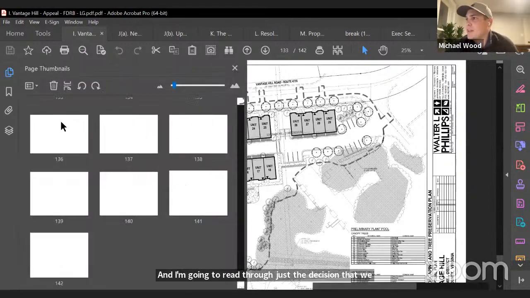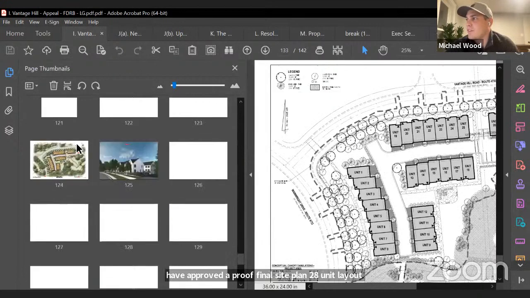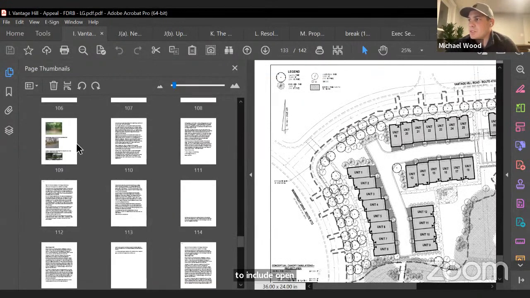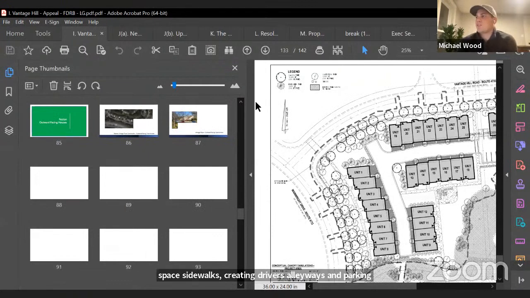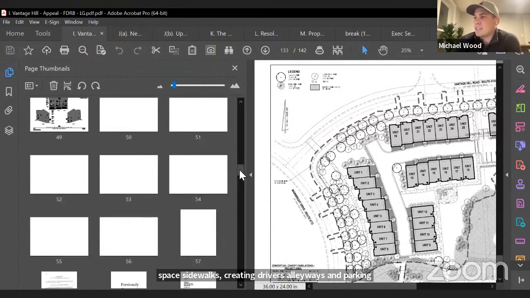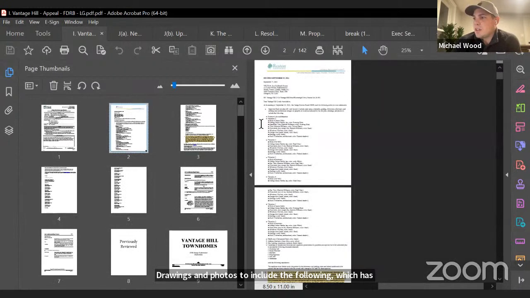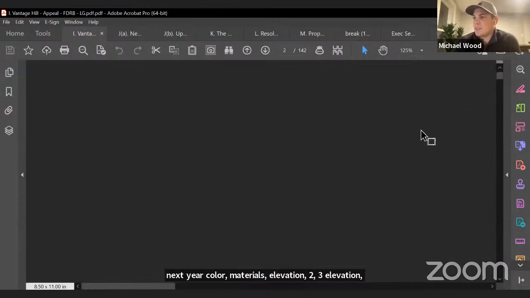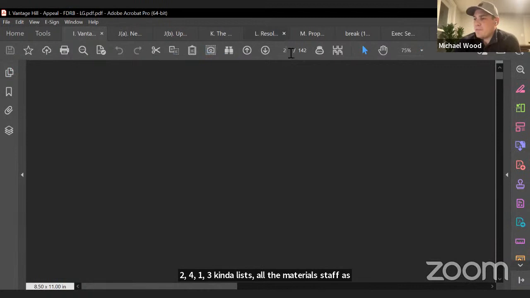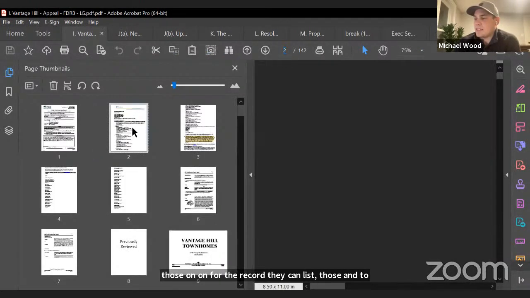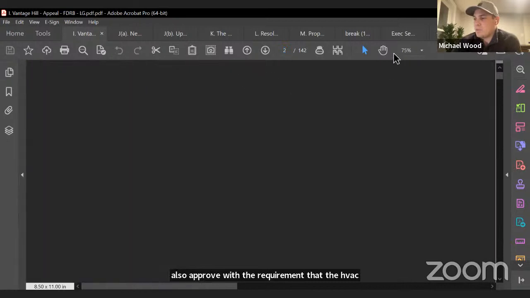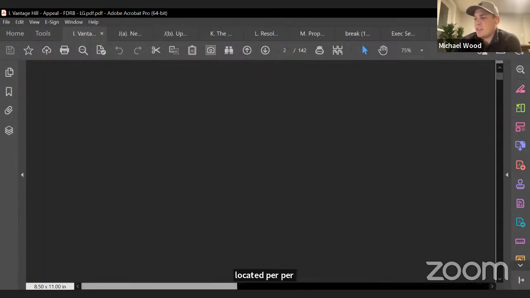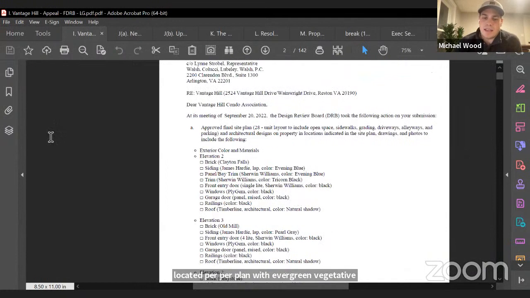Approve final site plan, 28 unit layout to include open space, sidewalks, grading, driveways, alleyways, and parking, and architectural designs on the property and locations indicated in the site plan, drawings and photos, to include the following, which has the exterior color materials, elevation 2, 3, elevation 2, 4, 1, 3, and lists all the materials. Staff has those on for the record. And to also approve with the requirement that the HVAC units be located per their plan with evergreen vegetative screening that is appropriate for the environment it's planted in.